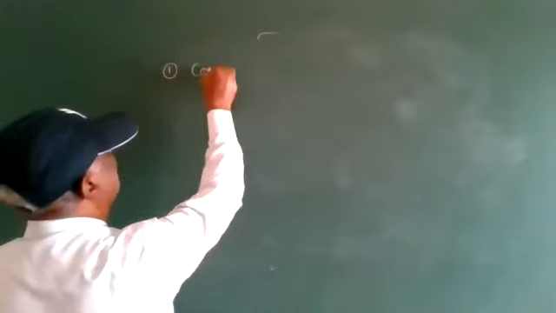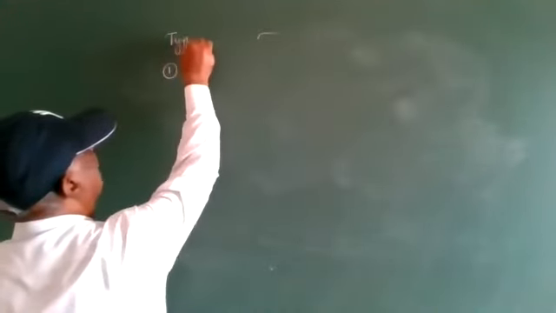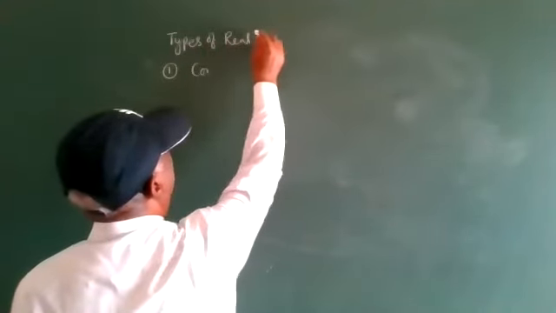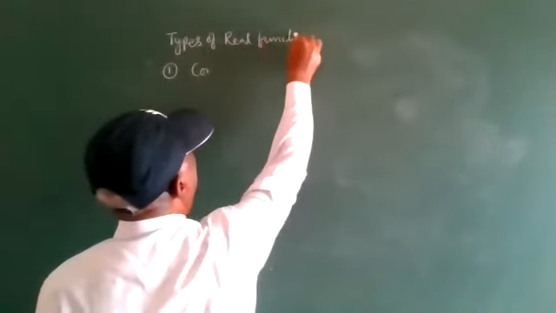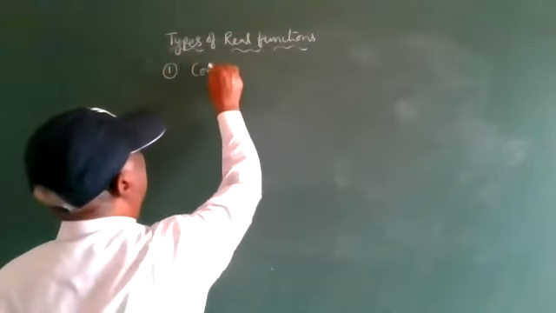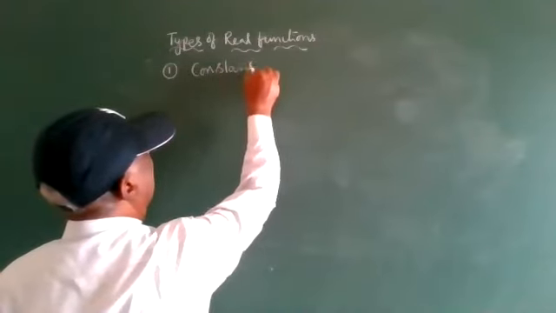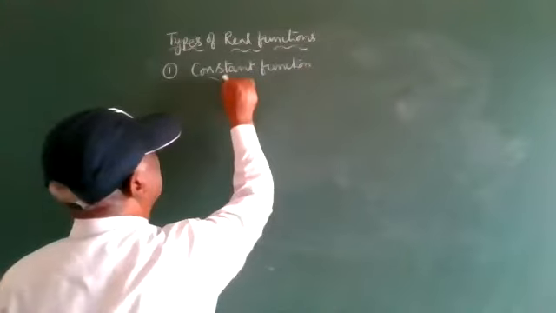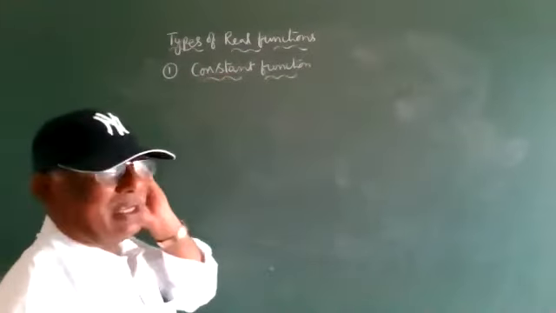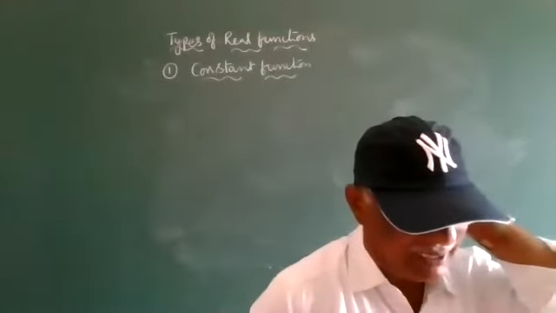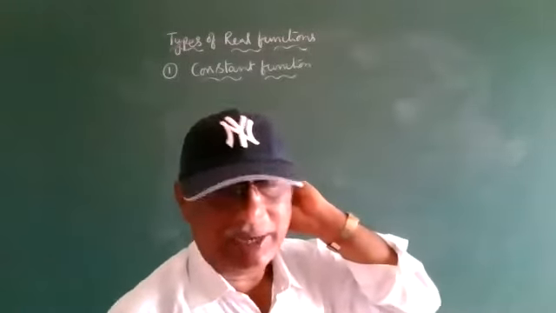So, types of real functions: number one, the constant function. If the line is parallel to either the x-axis or the y-axis, then it is called a constant function.